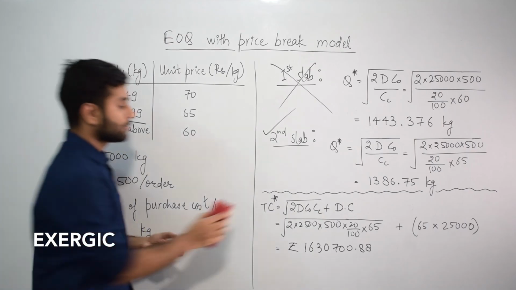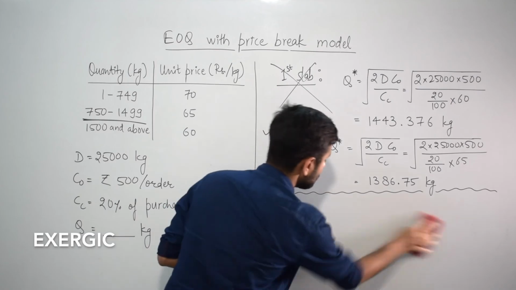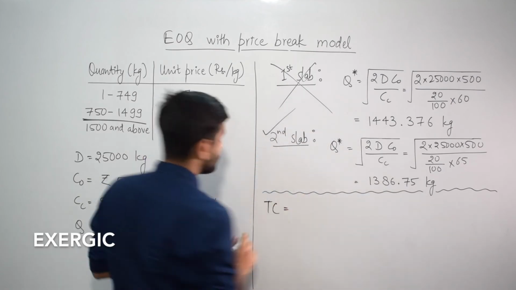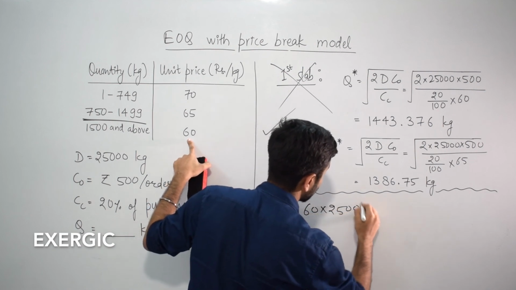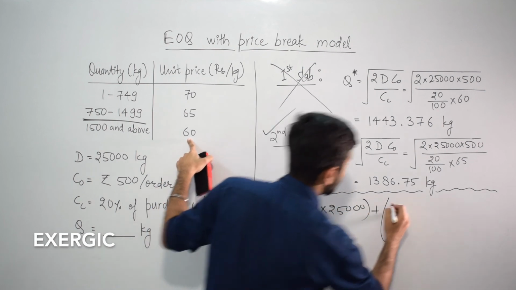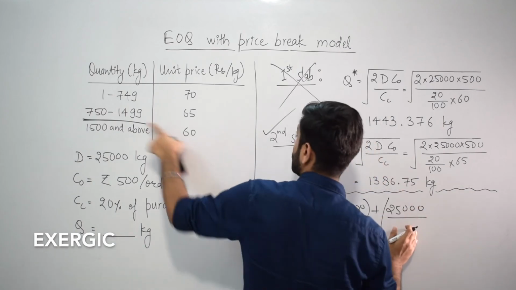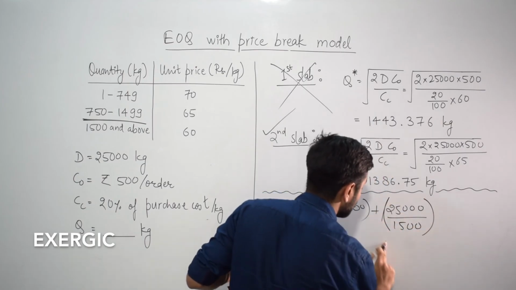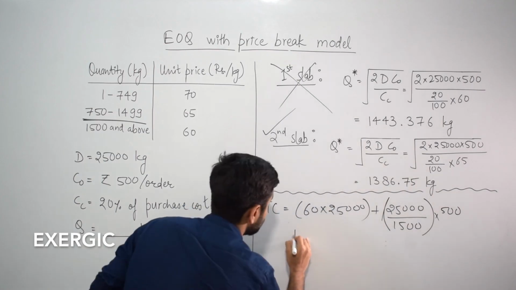So how do you calculate the total cost at the price break? Total cost is equal to the direct cost, which is 60 per kg multiplied by annual demand of 25,000 kg, plus ordering cost: 25,000 total demand, for one order you are ordering 1500, the quantity at the break point, multiplied by the ordering cost, plus you have to add the carrying cost.